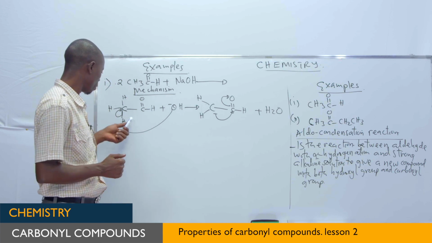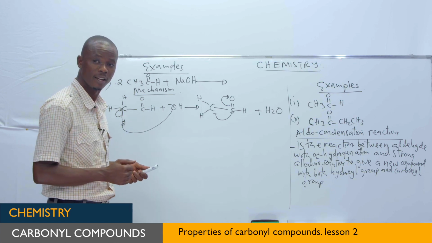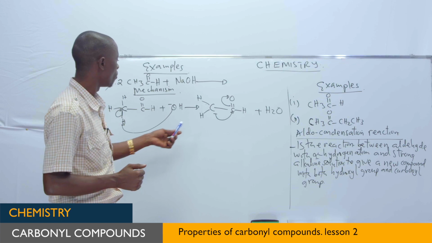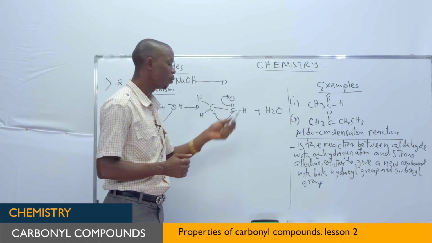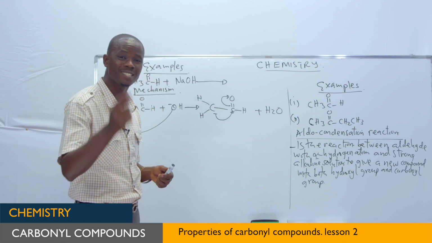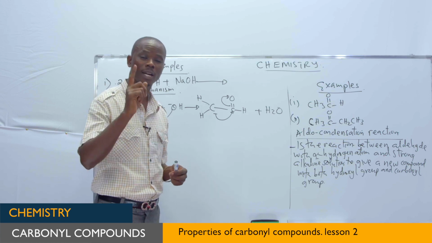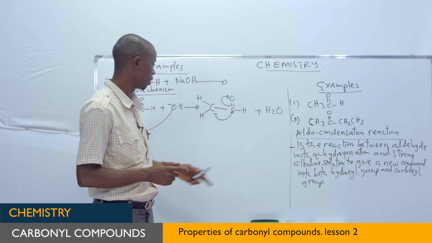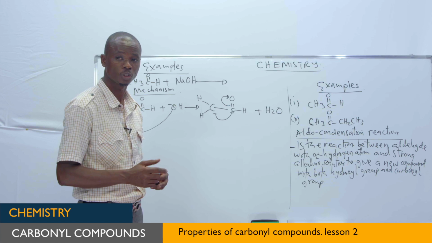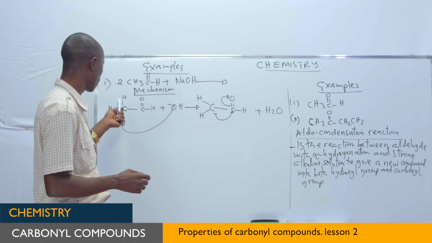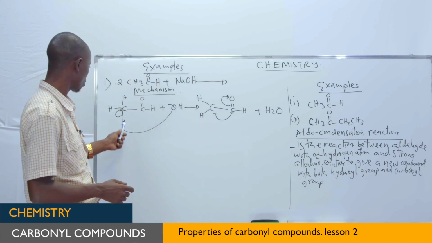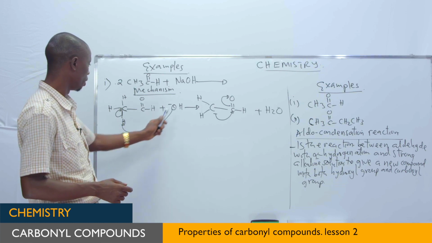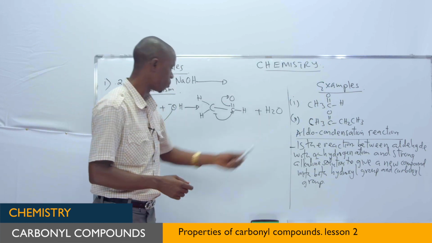If a carbonyl compound loses a proton, the ion which will be formed will be stabilized by the delocalization of the electron in that carbonyl group. So it is very simple. Carbonyl compounds are acidic in nature. That's why it donates a proton, reacting with this one to form water.